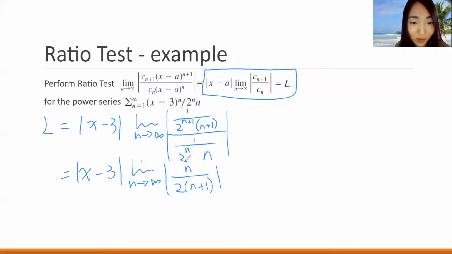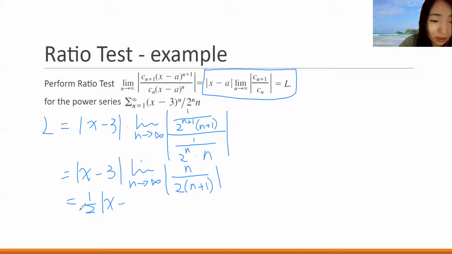So this n gets flipped up when you divide this fraction, and this becomes your numerator. Let's further take n going to infinity. This fraction should tend to 1/2. So we should have 1/2 times x minus 3 in absolute value.